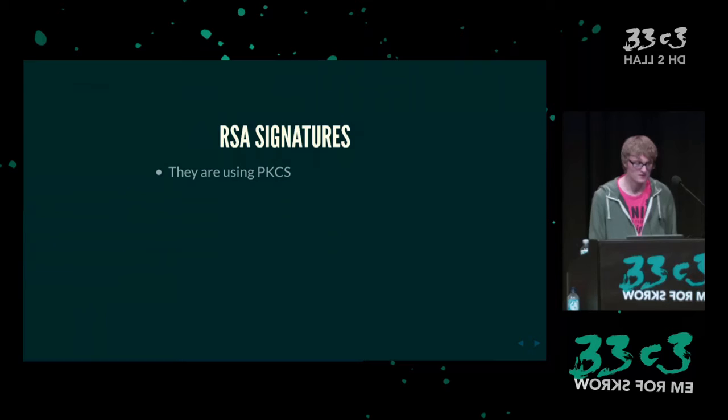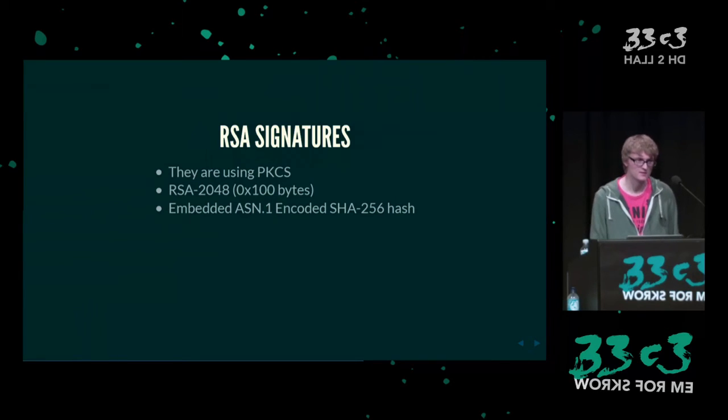in the PKCS standard. PKCS is basically a bunch of standards that tell you how your signatures have to look. And they are using the 2048-bit version of RSA, which is safe. And in the signature, you have the SHA-2 hash, and this is encoded using ASN.1.